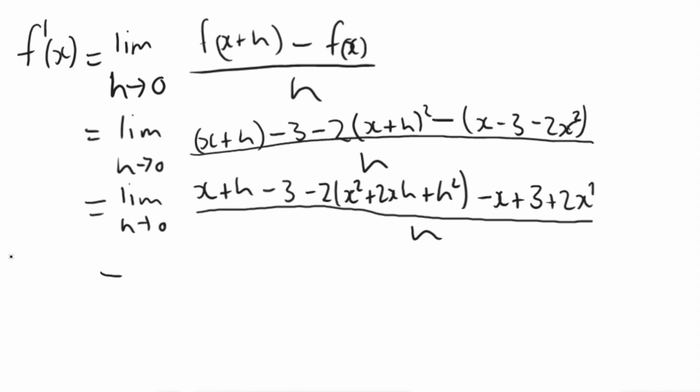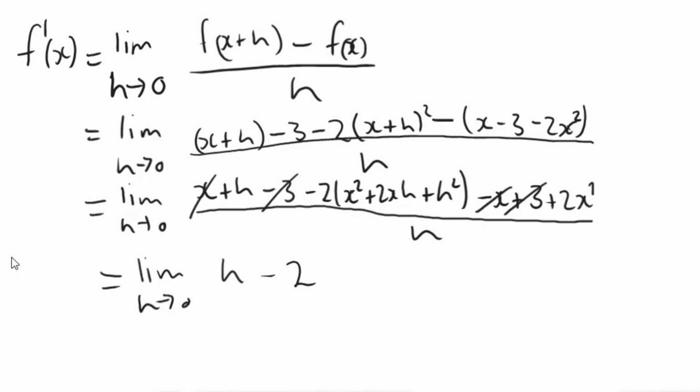And now we are looking for those that will cancel. Let's first simplify this bracket here with minus 2 with everything that is inside. Okay, so we have the limit as h goes to 0 of what? We can cancel this x with this x. x minus x is 0. We can cancel this minus 3 with plus 3 there. And then we are left with h here.